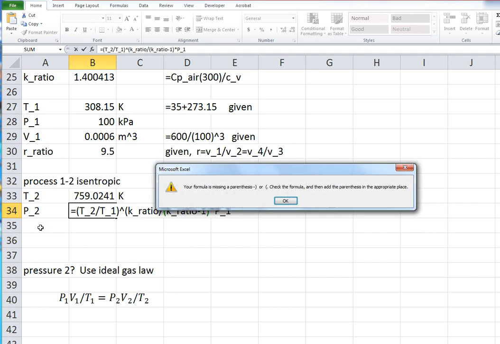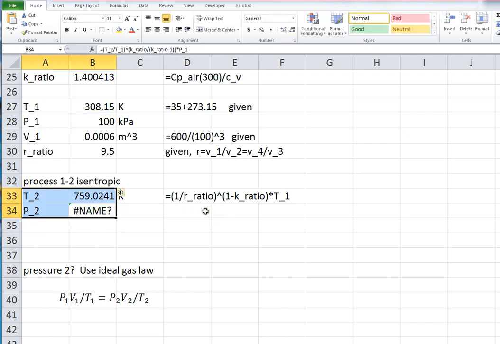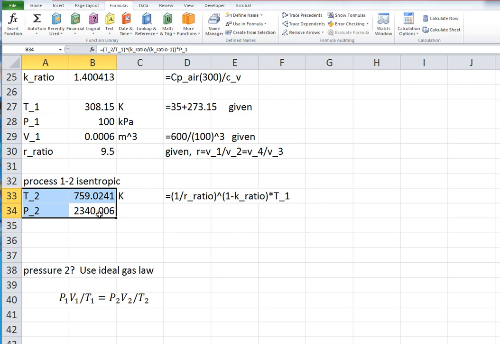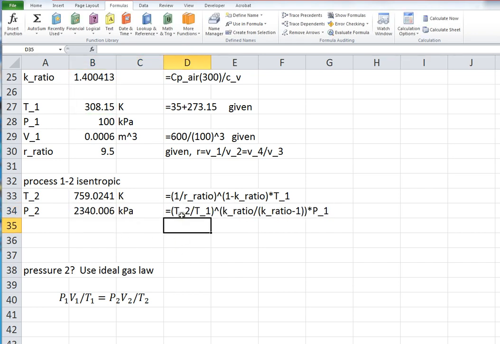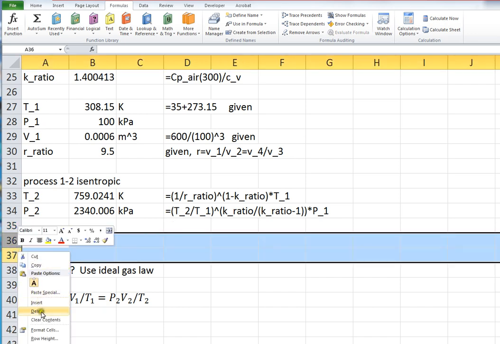And so if I get all of this straightened out, I think we'll be okay. Yeah, let's put that like that. And that's just using the isentropic relationships that we reviewed before about the temperature ratios and the pressure ratios. And we can use those when we have constant specific heats.